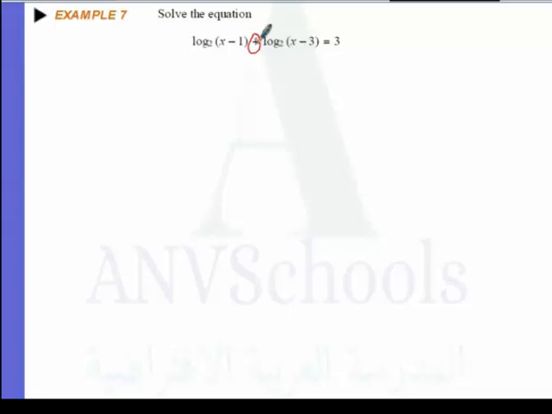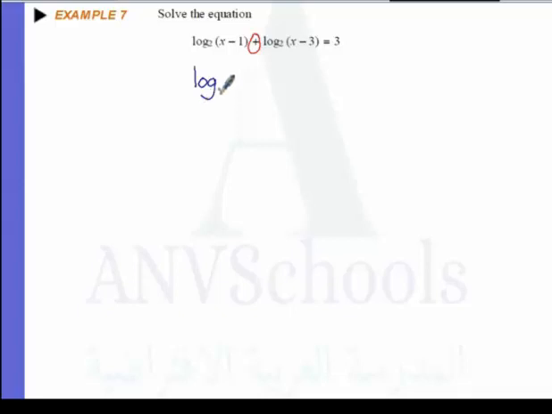So as you can see, we've got an operation of plus. So it's an addition. Therefore, the property that could be used is of the product of the two expressions or two factors.